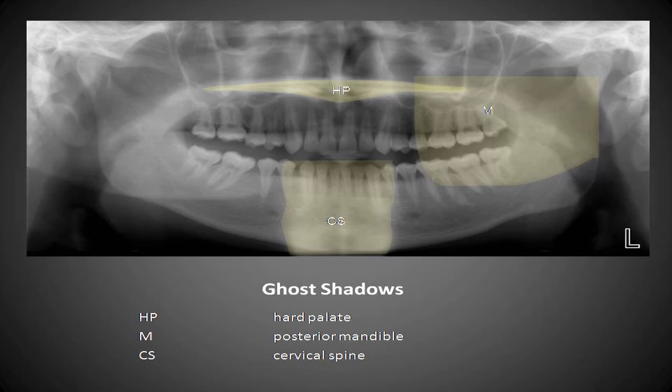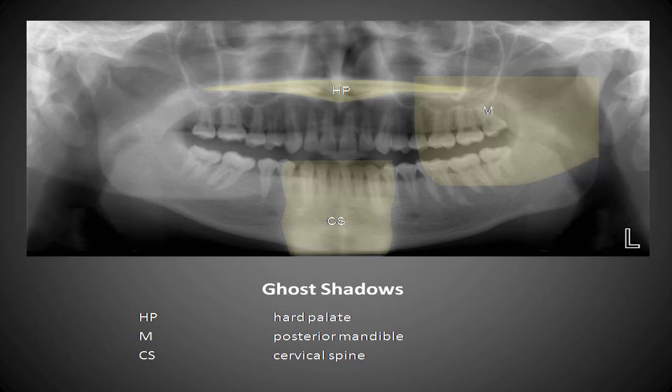So what are the ghost shadows that we see? Apart from the cervical vertebrae that you see at both sides of the mandible, you will also see the shadow of the cervical vertebrae behind the mandible and maxilla in the central line, the shadow of the cervical spine. Because like I told you, it is recorded twice. Although it is not in focus, even its out of focus image tends to give a certain impression in the radiograph.